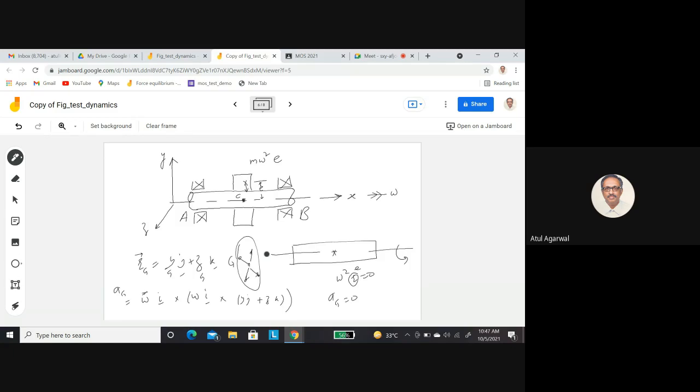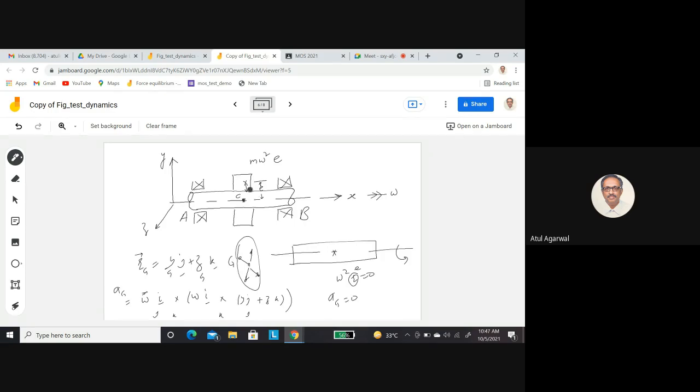Now you see, i cross j will give you a k component, i cross k will give you a j component. So you are getting acceleration in the YZ plane.